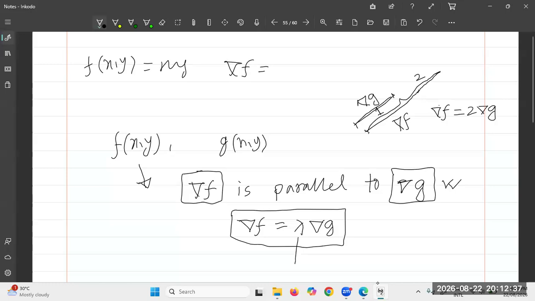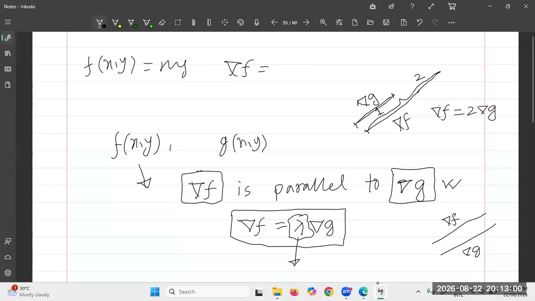We fix the lambda according to the magnitudes of del f and del g. If the lengths of the two vectors are the same, so gradient of f is equal to gradient of z, then our lambda is just 1. So is it okay, or do I need to explain more elaborately?